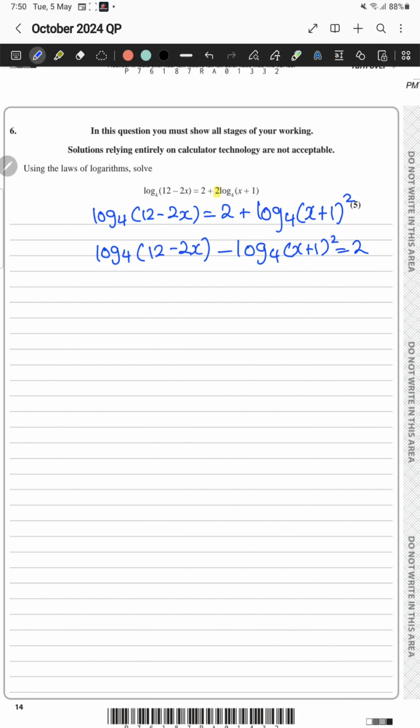Now the laws of logarithm say that whenever the logs are subtracted, we apply the division rule.